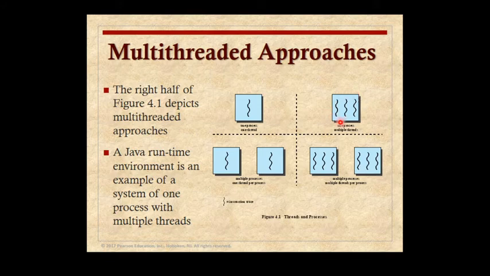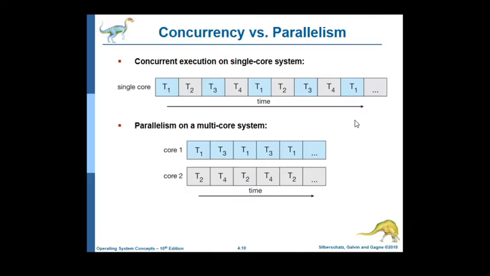For multiple cores, multi-threaded programming provides a mechanism for more efficient use of these multiple computing cores, and it improves concurrency. So what is concurrency?